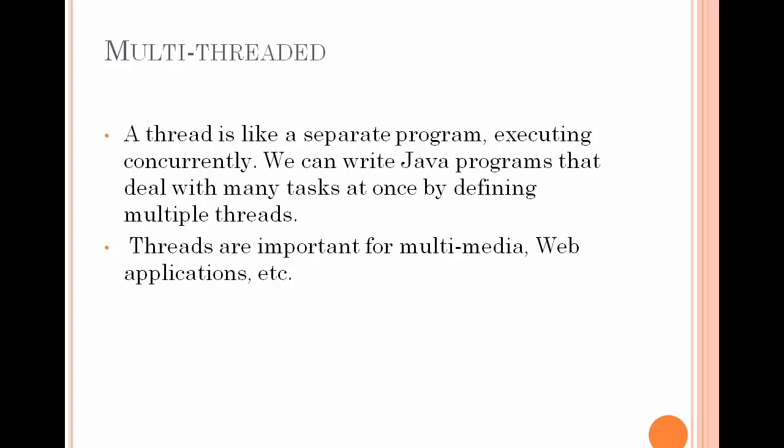The main advantage of multithreading is that it doesn't occupy memory for each thread. It shares a common memory. So multiple threads at a time perform different operations and don't occupy memory for each thread.